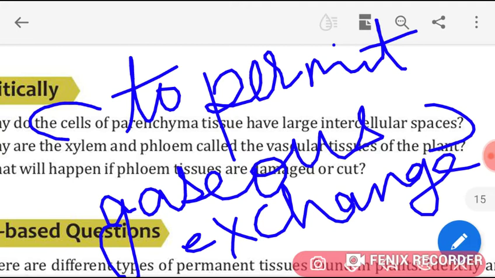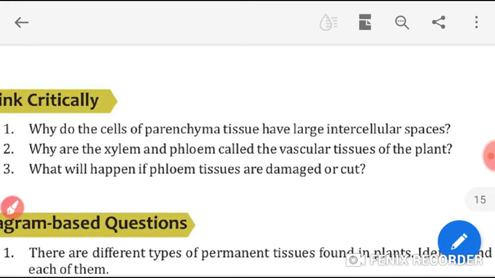Okay, students. Now come to your second question. Why are the xylem and phloem called the vascular tissues of the plant? In this question, first of all, you have to write from the question.